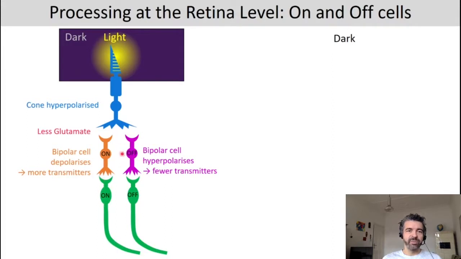If we have an off bipolar cell, this will hyperpolarize as a response to less glutamate, and there will be fewer transmitters, triggering less likely an action potential here at the ganglion cell.